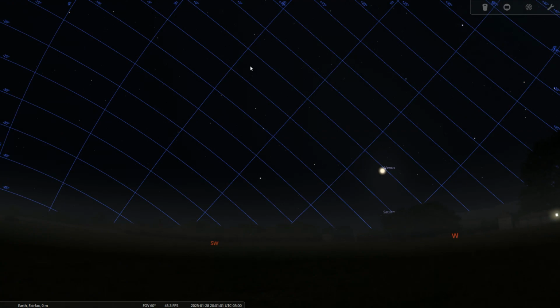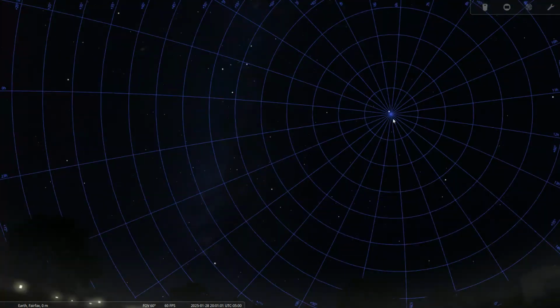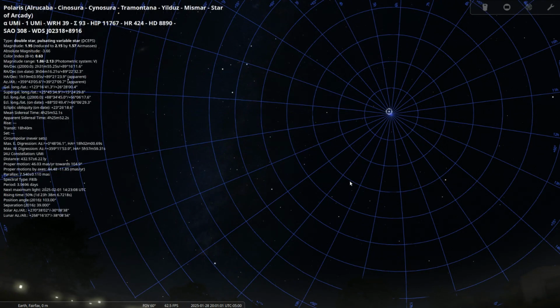You noticed before that when you looked at the zenith, using the horizontal coordinate system, basically an altitude of 90, there wasn't anything there. But if you look at the North Celestial Pole, you can see that little thing. And that is Polaris, the North Star.